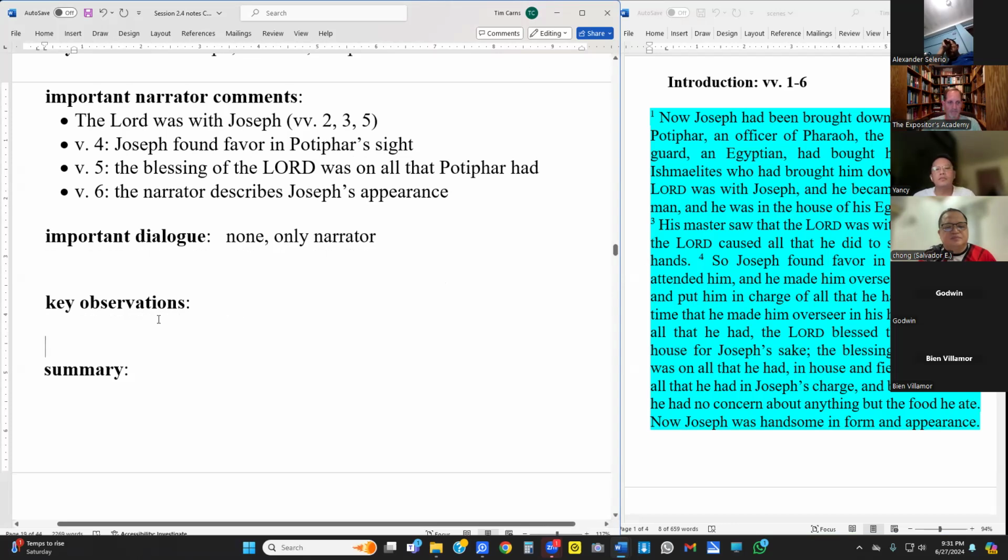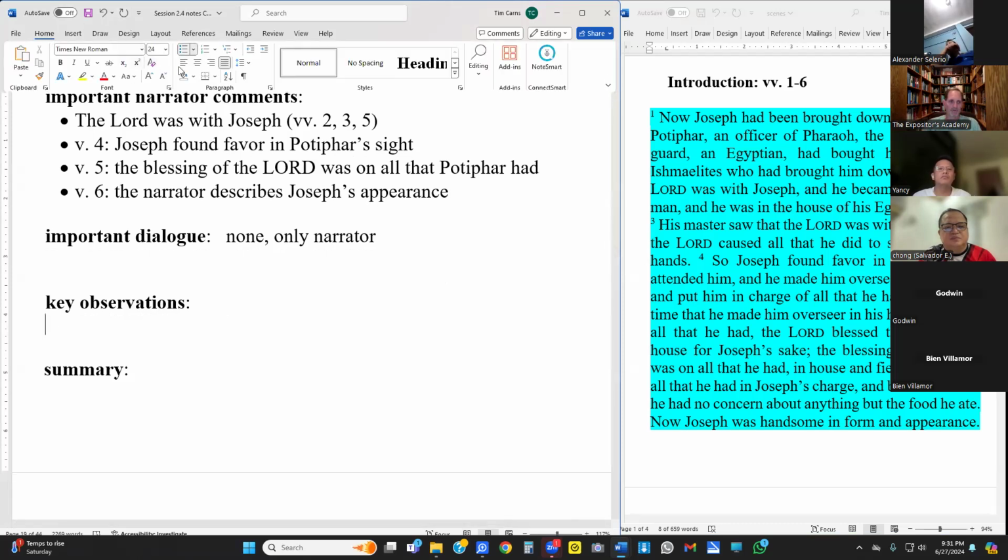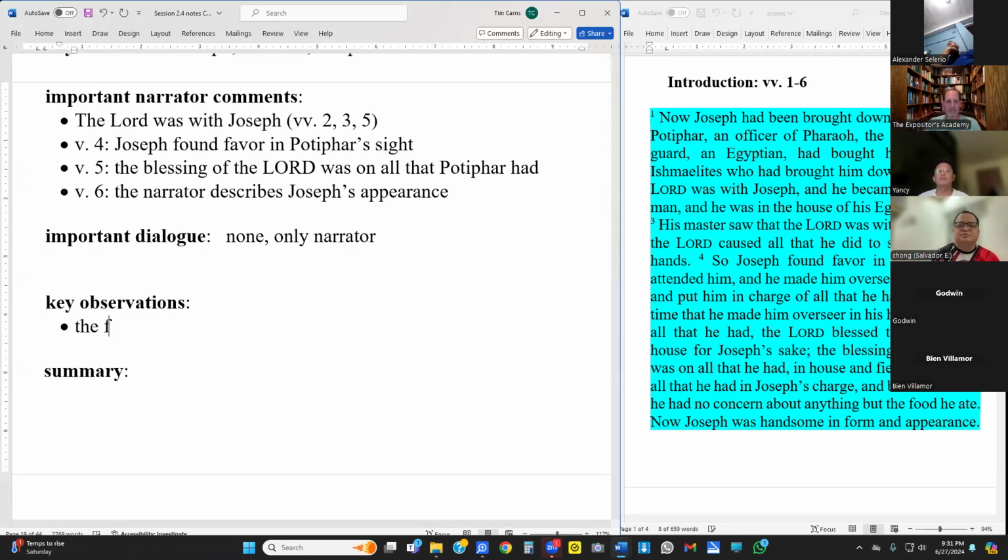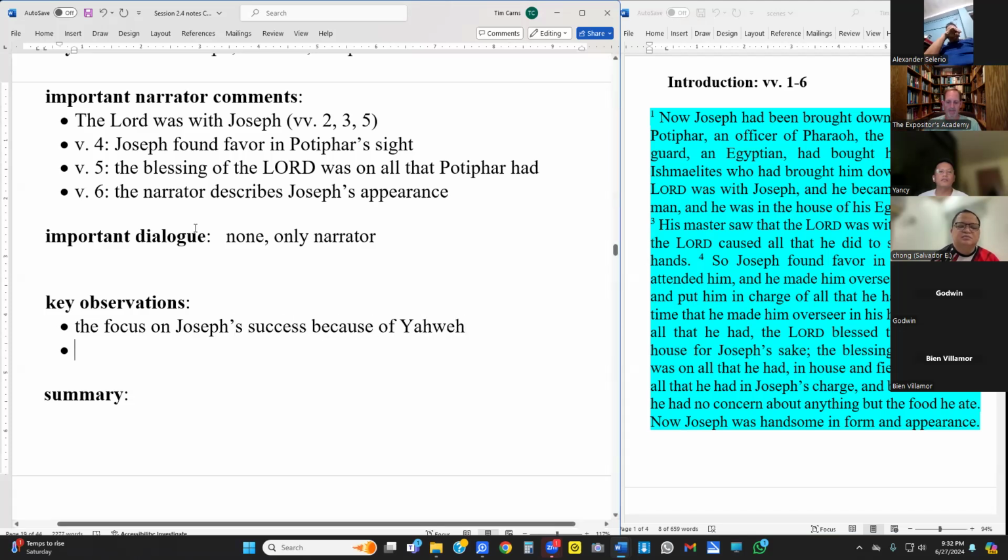And then if you had any additional observations, one thing that stuck out to me when I went through this scene in particular was the focus on Joseph's success because of Yahweh seemed to be a pretty prominent emphasis of the scene.